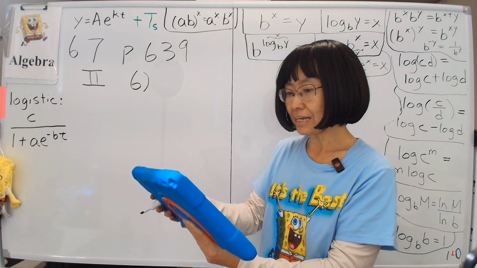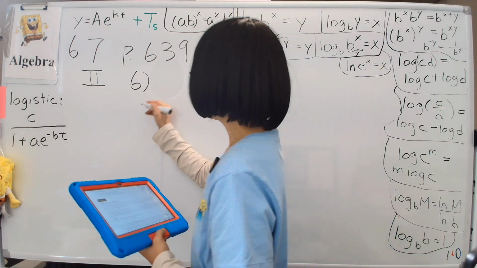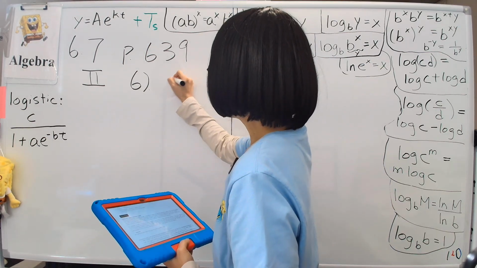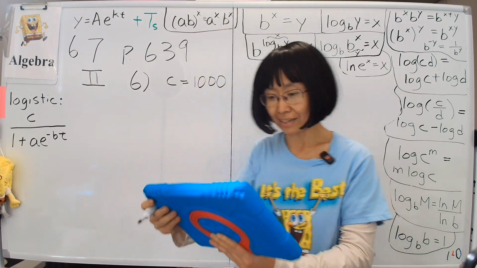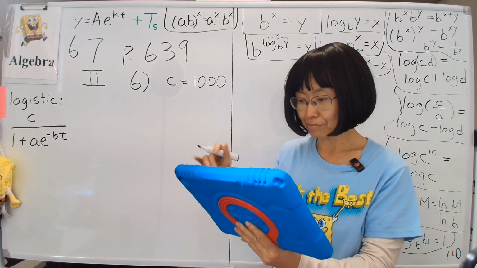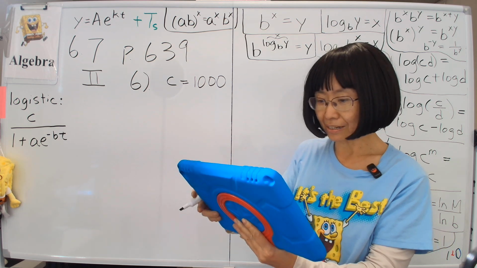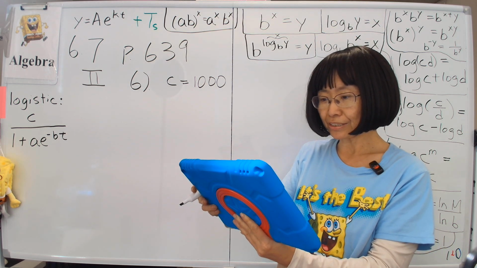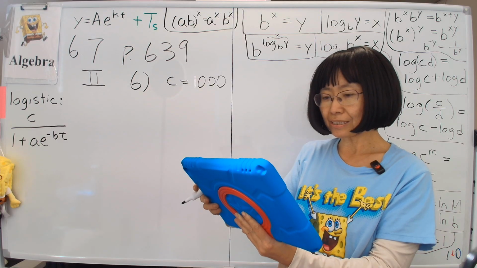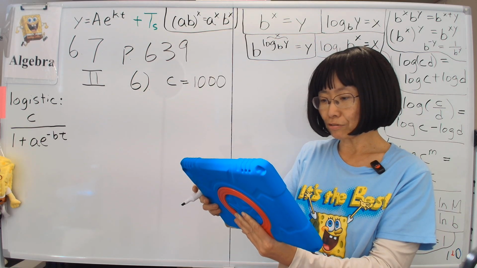So C then equals, in this formula, let's write down some information. First, C is given as 1,000. That's called the carrying capacity, or limiting value. All right. So the next information is, when t is 0, the answer is only 1.